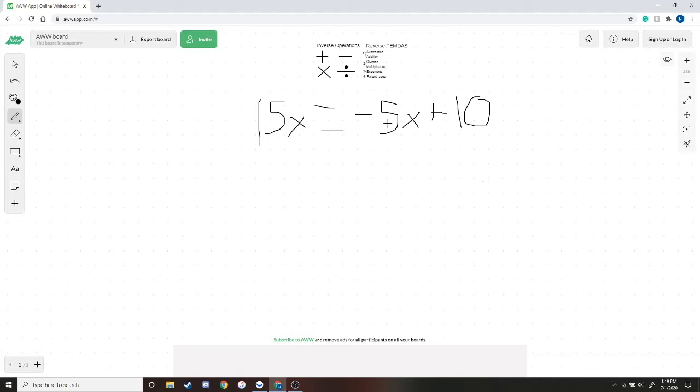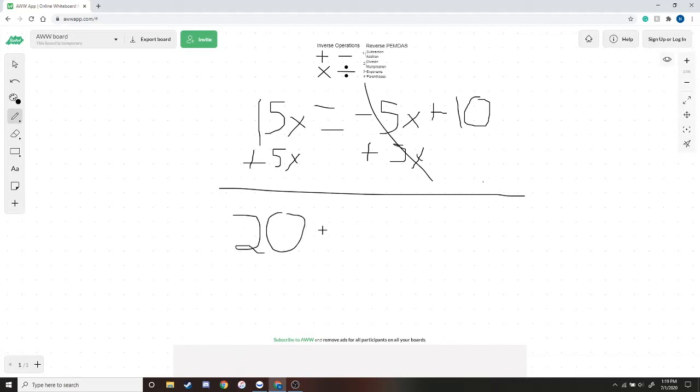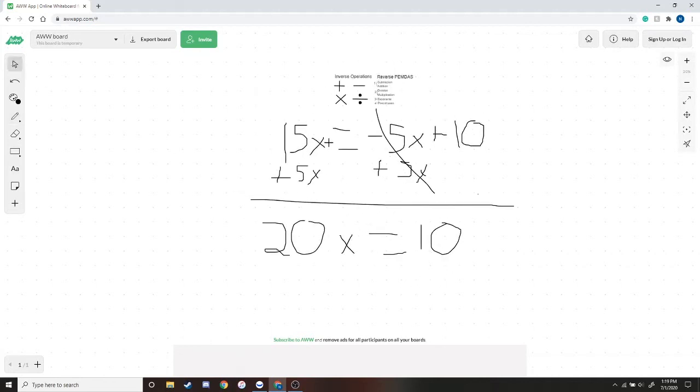To cancel out a minus 5x, we need to add 5x on both sides. So plus 5x and plus 5x. These two cancel out, and this adds up to 20x is equal to 10. Then you go back to the basics.